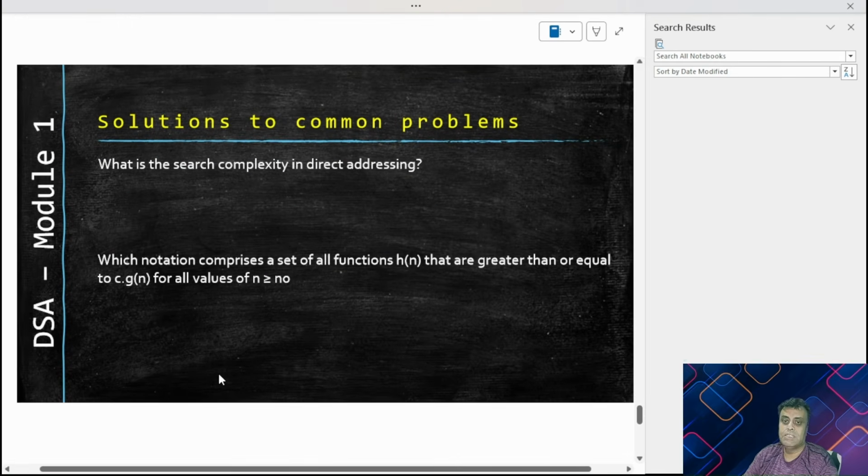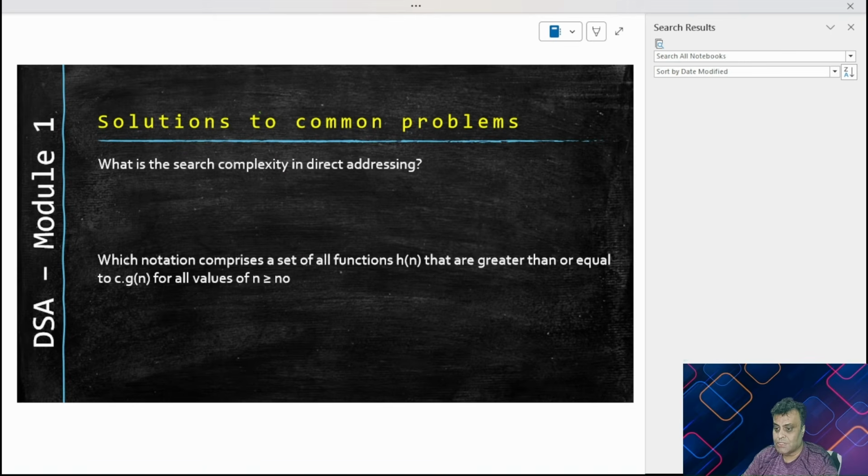What is the search complexity in direct addressing? This question means that if you have something like an array, and in this array we are trying to address the elements by their index, what is the time complexity? That means direct addressing of this array.